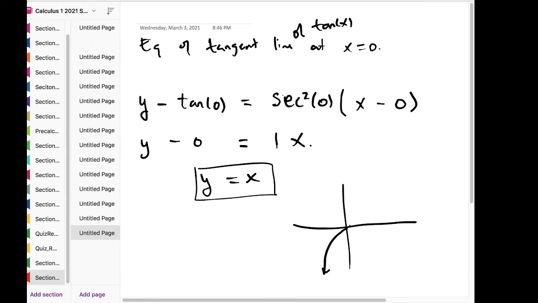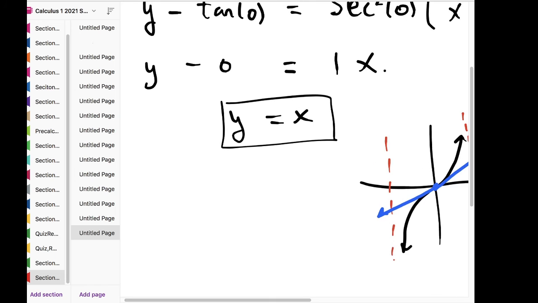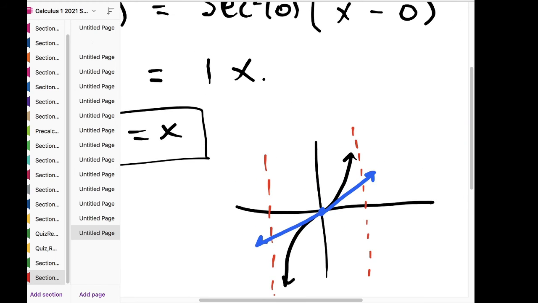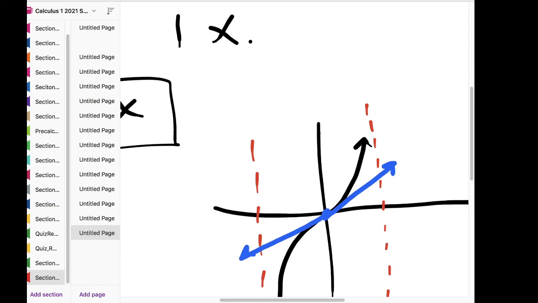So one way to think about the tangent line, which you'll talk more about in Calc 2, is that the tangent line and the derivative in general kind of tell you an approximation of the function at points. So if you zoom in at 0, just keep on zooming in.